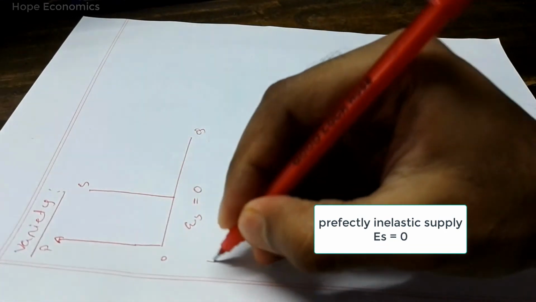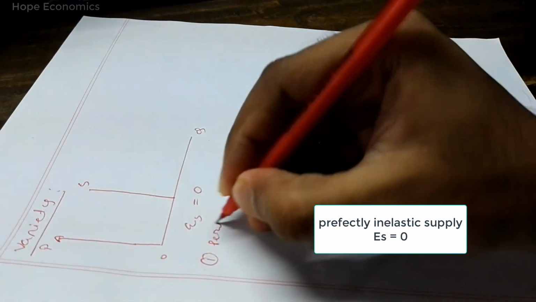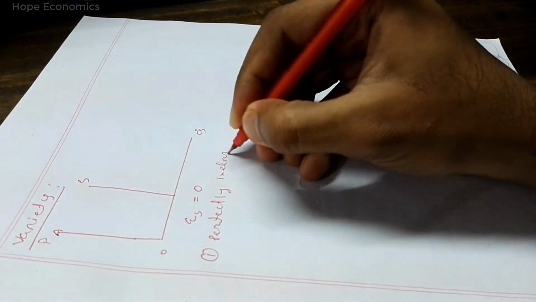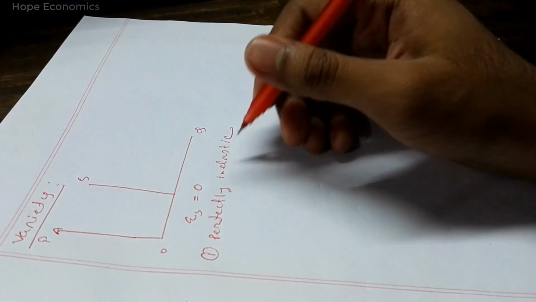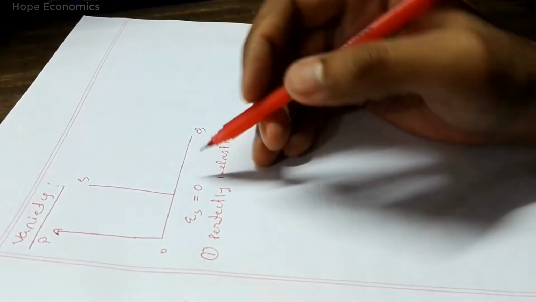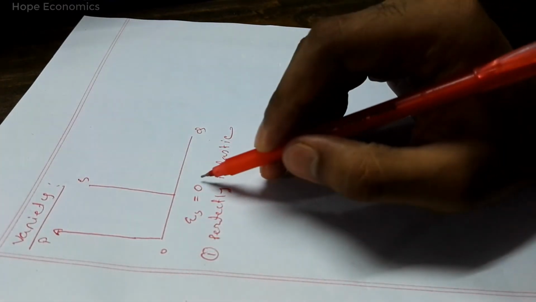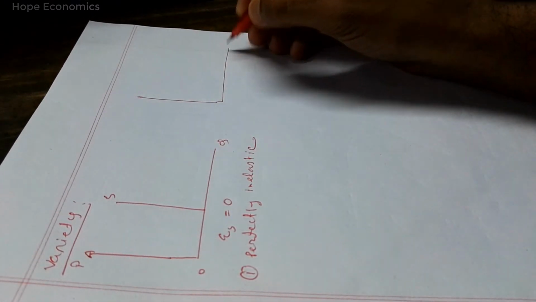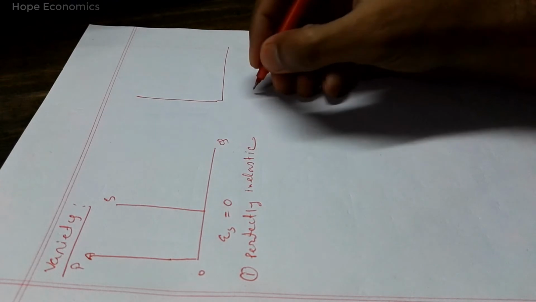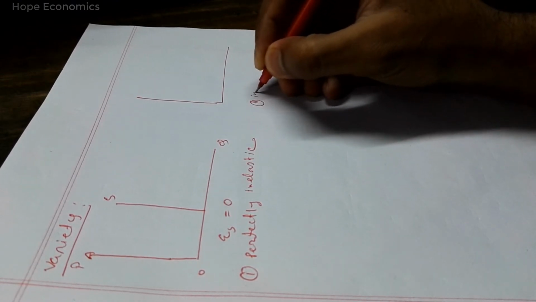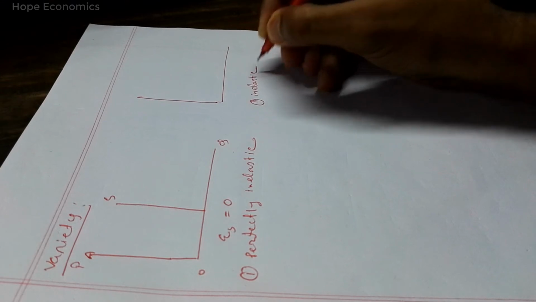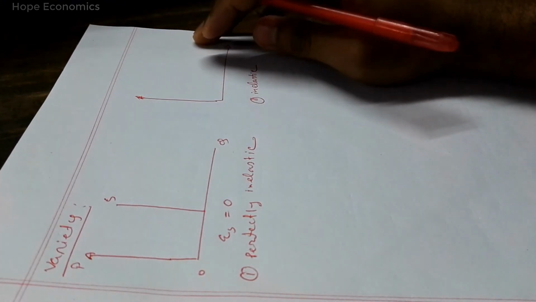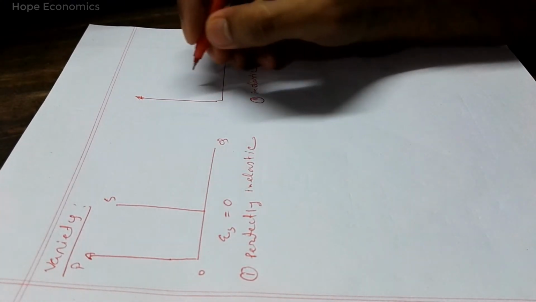Number 2, the inelastic curve. The curve is kind of horizontal but less flat.